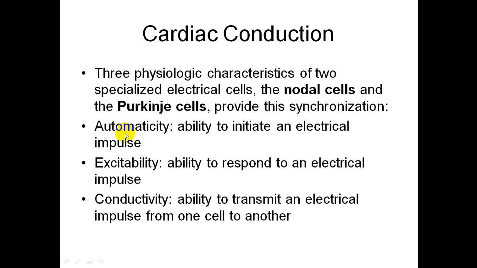If you remember, skeletal muscle you have to stimulate for contraction, while here, with automaticity, the cardiac muscle has the ability to discharge spontaneously. Excitability, the other characteristic, is the ability to respond to an electrical impulse. Conductivity is the ability to transmit an electrical impulse from one cell to another. So these three characteristics: automaticity, excitability, and conductivity.